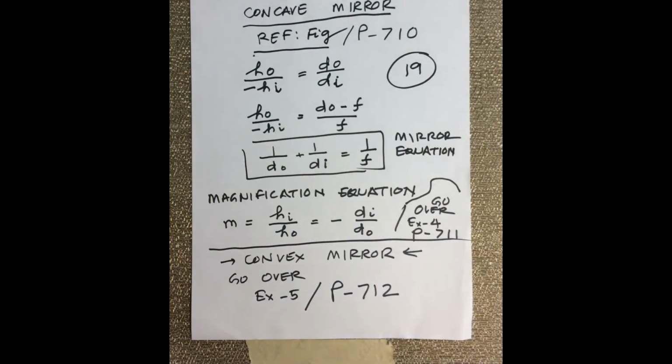Now repeat again. H0 over negative Hi equals D0 over Di.